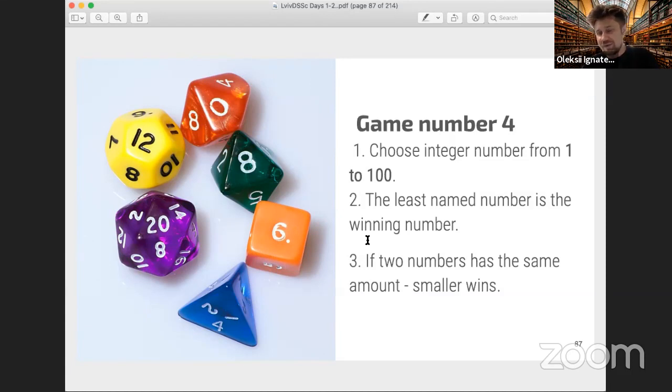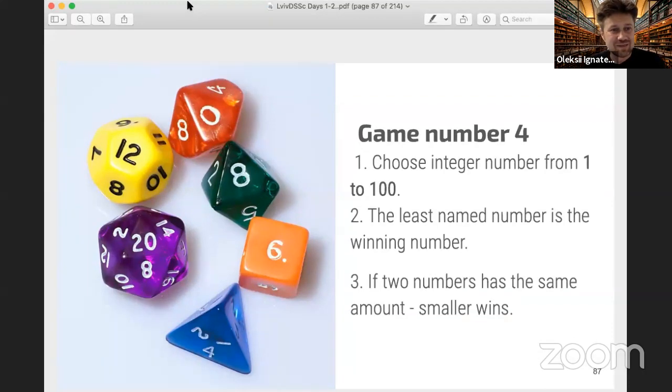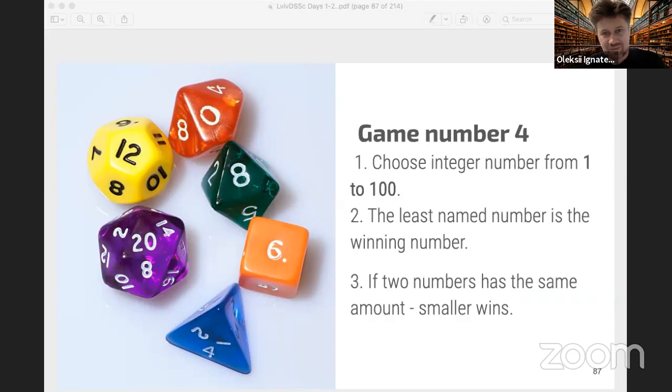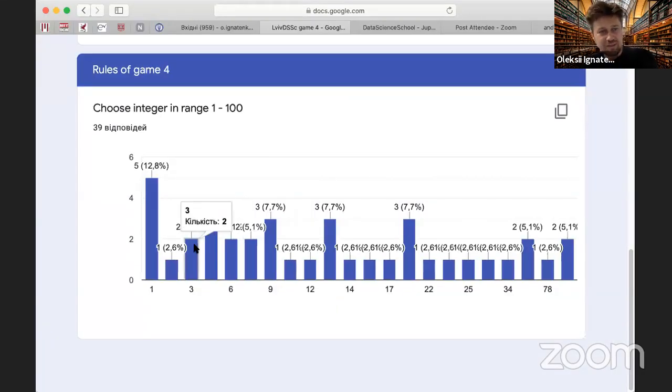Well, because maybe nobody chooses it, or almost nobody. People choose one, or if they don't choose one, they choose something bigger. But in our game, actually, the number 2 is the winner. This is really interesting. So you see, we have this distribution.